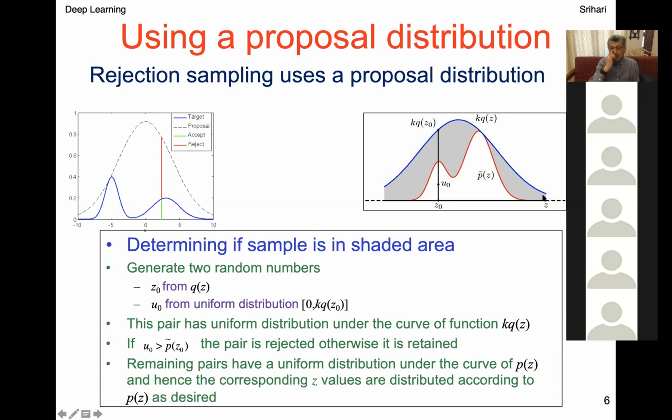Right? So how do we determine that? There is a way of doing it. Generate two random numbers, Z0 from Q(z), U0 from the uniform distribution 0 to KQ. If this pair is uniformly distributed under the curve, and so on. So there is a way of doing rejection. So this says generate from some simple distribution and then check whether this is a good sample or not, and then you can use that.